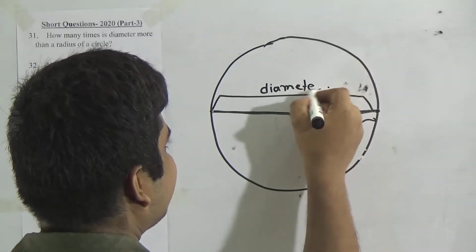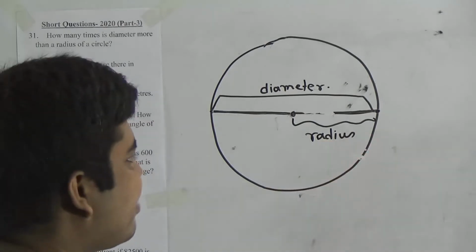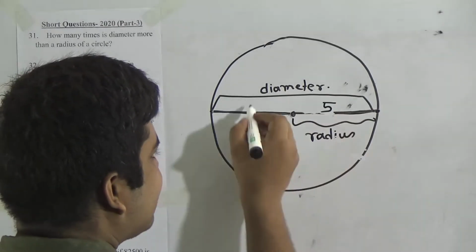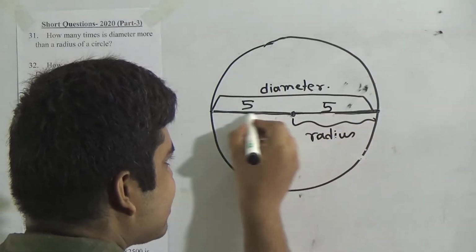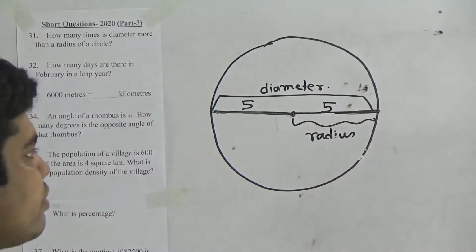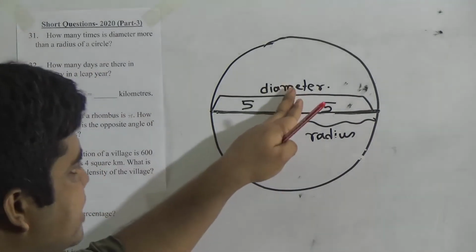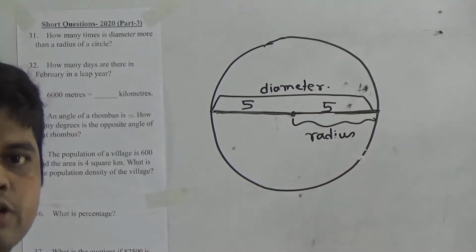Notice, if the radius is 5, then this must be 5 because this is a radius and this is also a radius. These two radii make a diameter. For this reason we can say diameter is twice the radius. I hope you have understood.